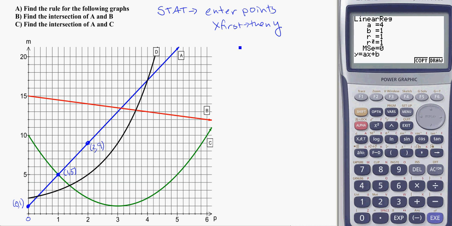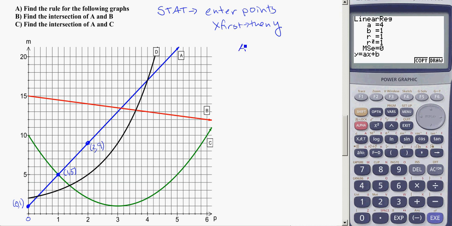So here, for rule A, we're going to have y is equal to 4x plus 1. But putting it into context, instead of using y, I'm going to use m is equal to 4p plus 1, using the context that they've been given on the graph.